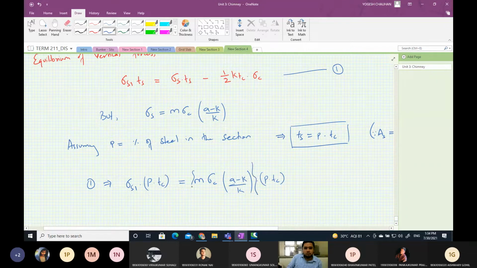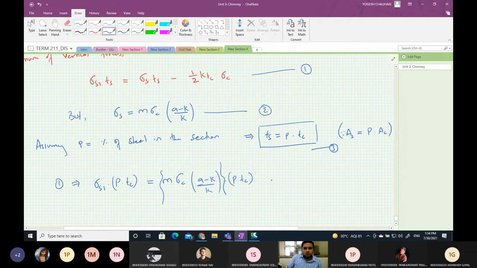Okay, this is one term which is from number 2. Let us say this is 3. So from 2 and 3, minus 1 by 2 K times Tc times sigma C. Now here all the terms are in Tc, so you can cancel out Tc.